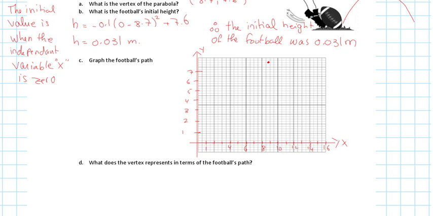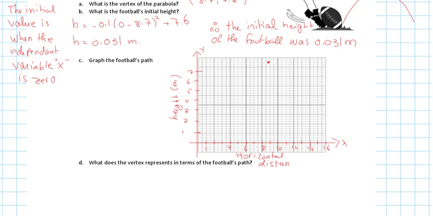Then I know my initial point, which is at 0.031. So just so you know, we need to label the axis. So this is going to be the height in meter, and this is going to be the horizontal distance in meter.